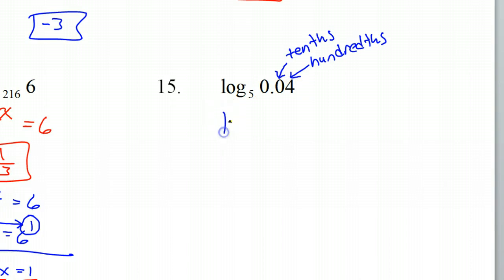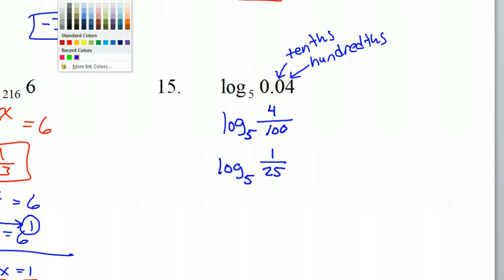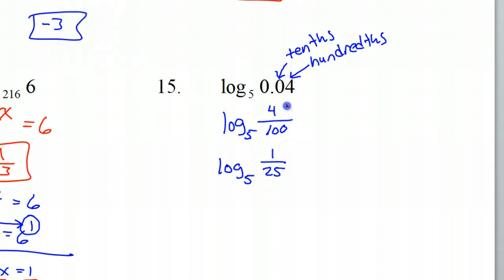So I'm going to write it like that. So this is log base 5 of 4/100ths. Best to reduce this fraction, right? Smaller numbers makes your life easier. So this would reduce down to 1/25. All right. I hope you see that I'm simply dividing by 4 in the top and bottom.